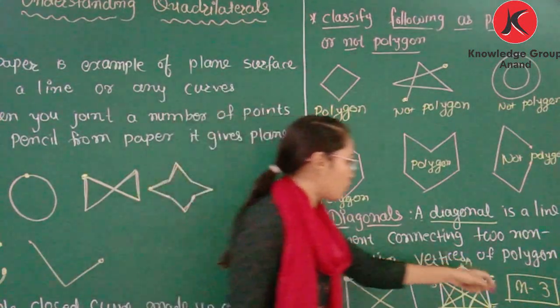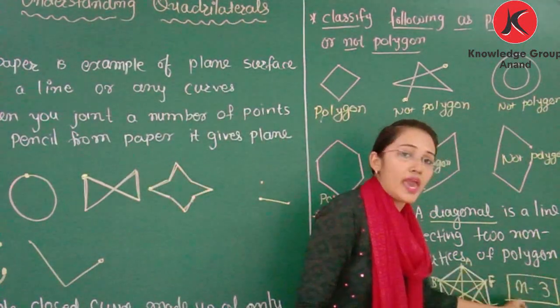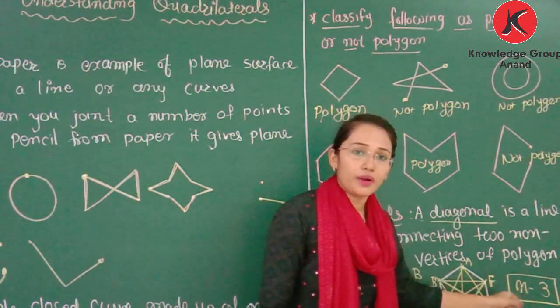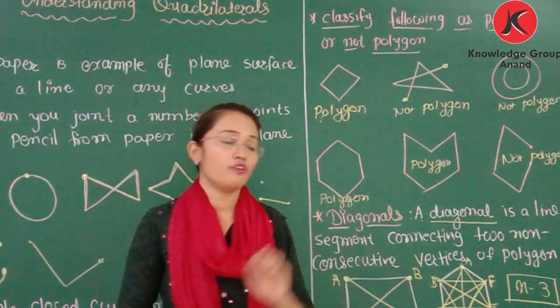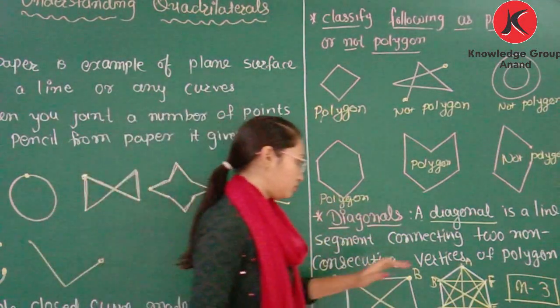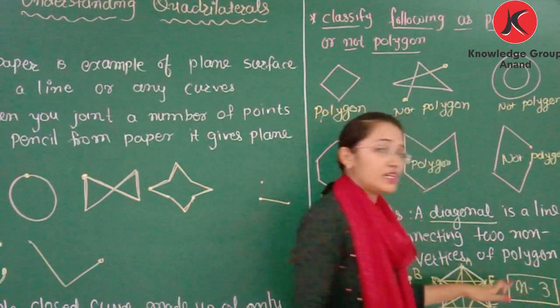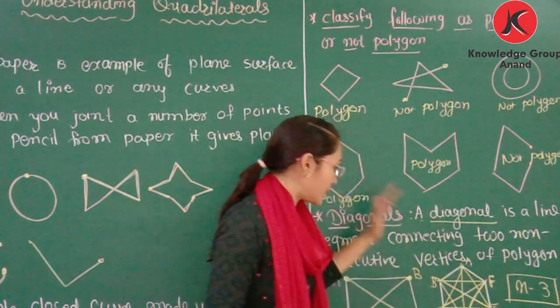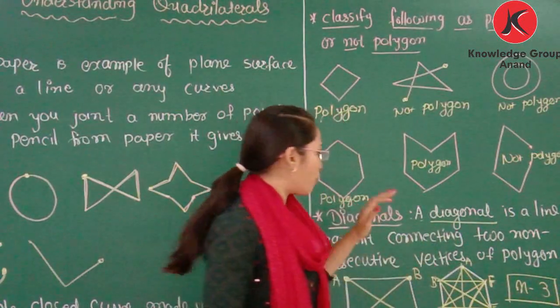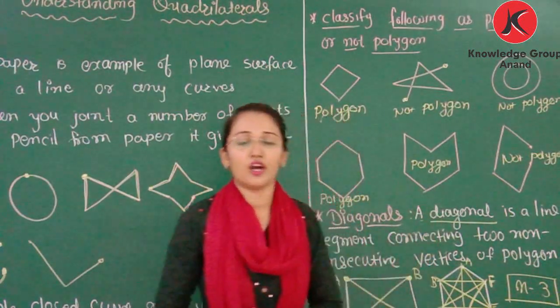So here the formula is n minus 3, where n means the number of sides of any polygon. To find the diagonals from a vertex of any polygon, first of all we need to find the number of sides. So remember, what is a diagonal?